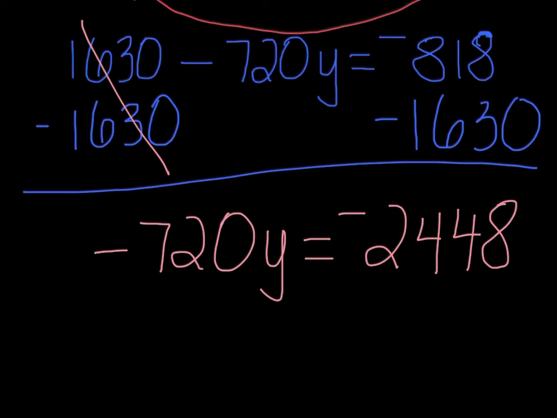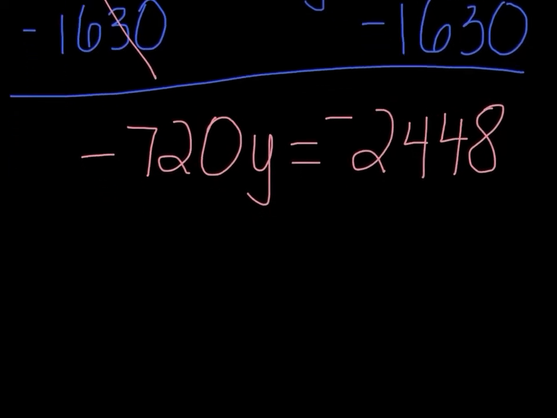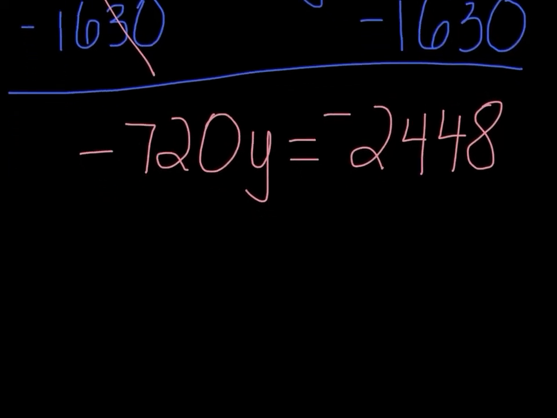From here, the next step would be to divide both sides of the equation by the number or coefficient in front of my variable. I'm going to underline that in a different color. So in front of my y, I have negative 720.